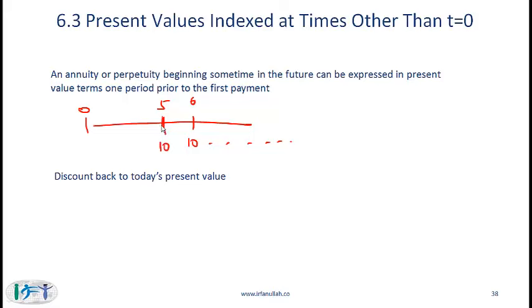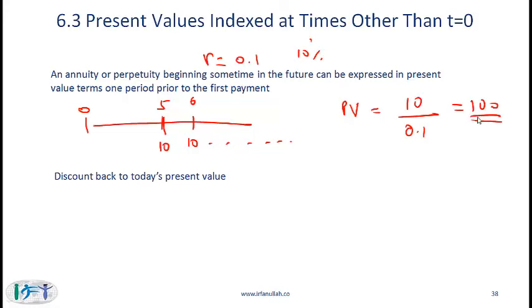When we use the perpetuity formula, the present value is equal to the amount A, or the payment, which is 10, divided by the discount rate. Let's say that our discount rate now is 0.1 or 10%. So the present value is 10 over 0.1, which is 100.